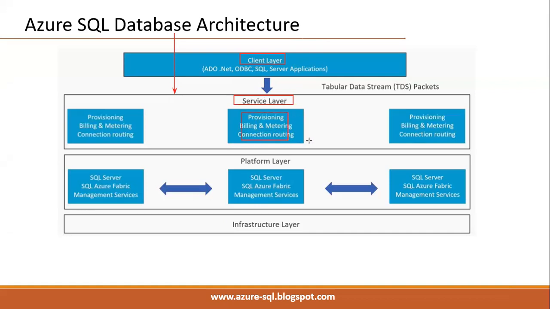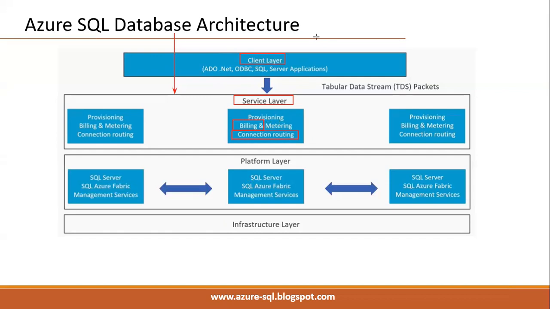Whenever we create a database, along with the creation it generates the billing, because depending on the usage or the pricing tier or service tier, the billing should be generated. Plus connection routing: whenever someone tries to connect to a database through the endpoint, the connection routing is done by the service layer.